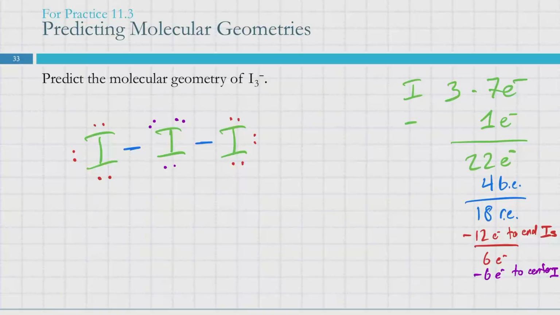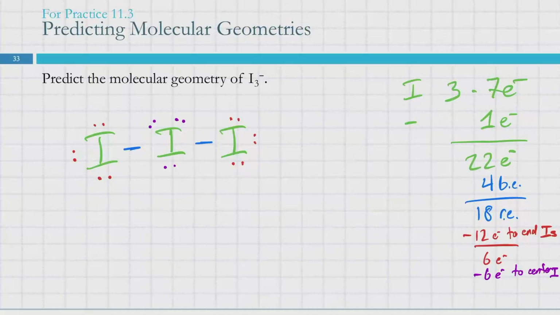How many electrons do we have, counting our octet for our central iodine? 10. Is that okay? No. Why not? It would be too much.